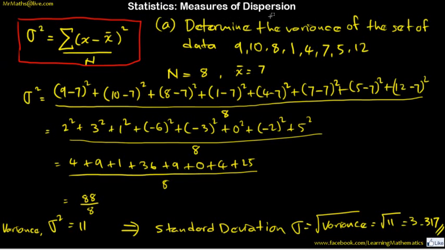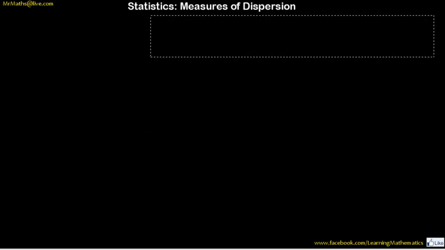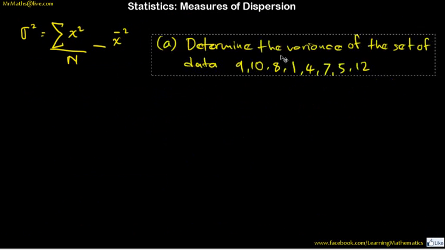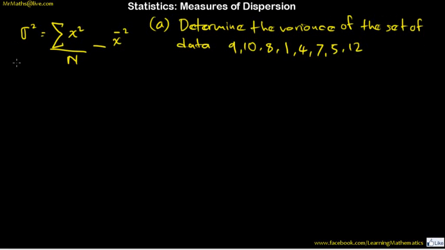This is the one, and let's see whether or not it produces the same result. The formula is different, but let's see whether or not it gives us the same result. Okay, let's do it. The mean, as we know, is equal to 7, from the previous example, and n is 8. Okay, let's just use it.